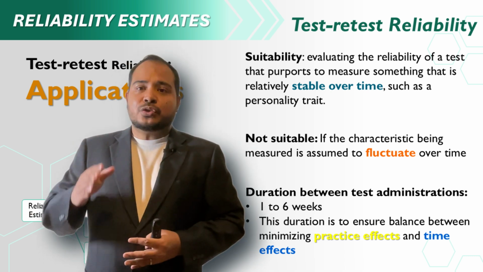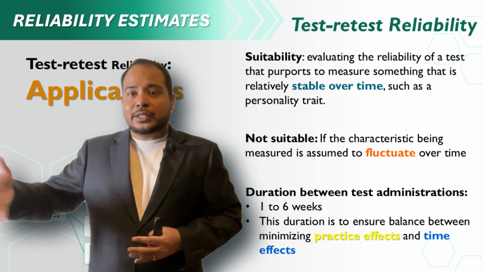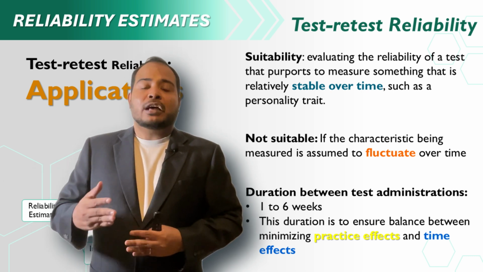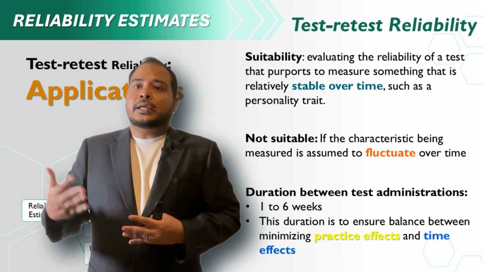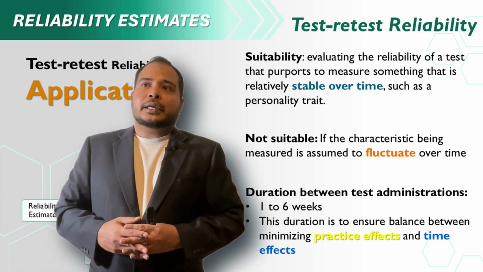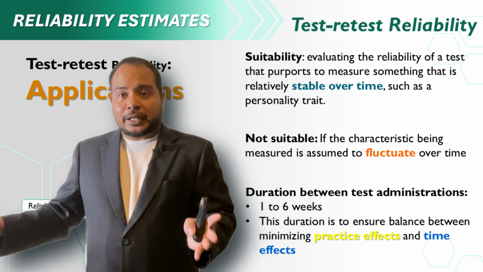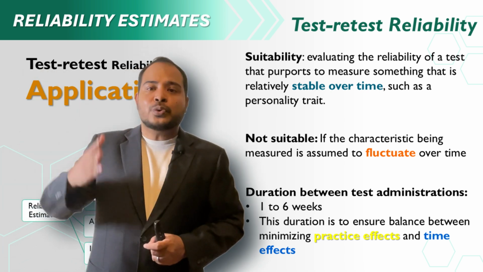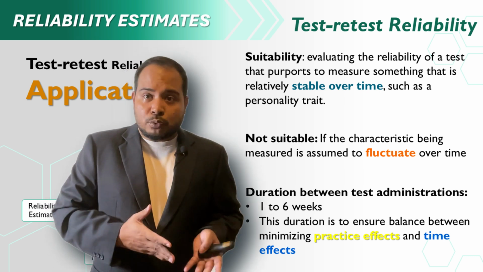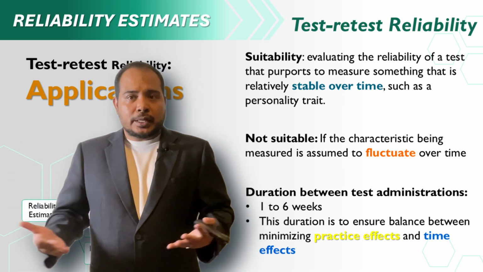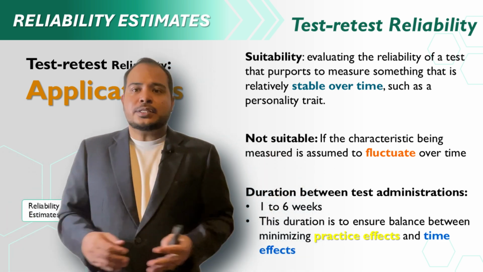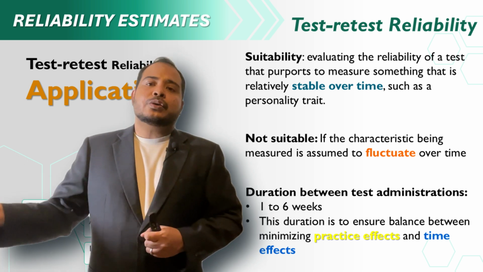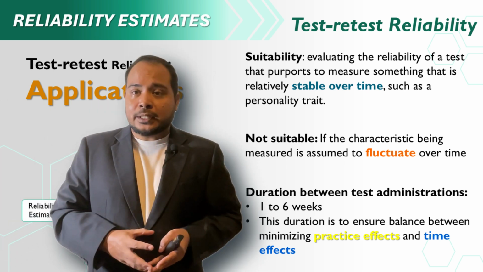And sometimes while waiting for the second administration, they have learned new things, they have experienced new things, they have come across many perspectives. So in these parts, time has also influenced the psychological construct that we want to measure. People learn new things, people are exposed to new things, so people have changed across time. So this time will also affect the reliability of the test.